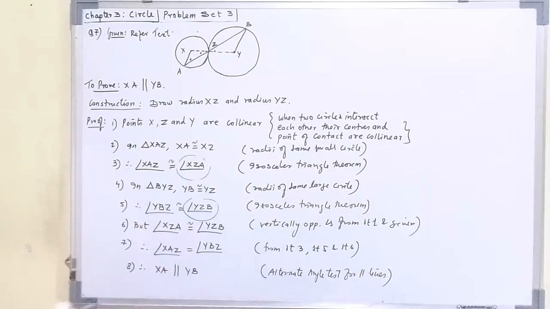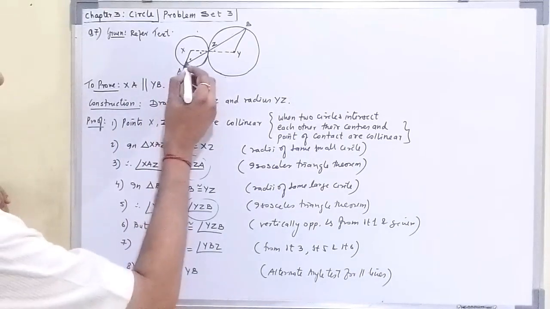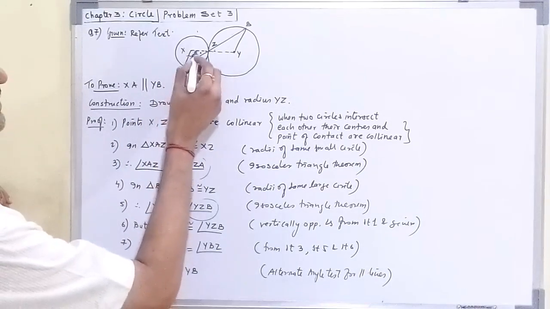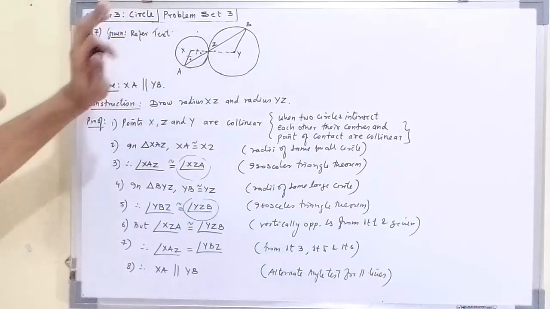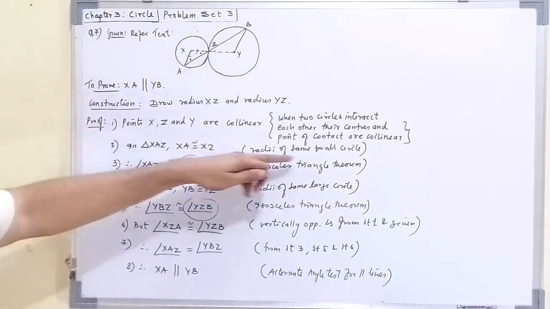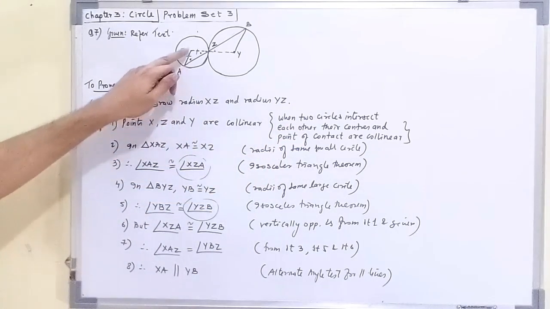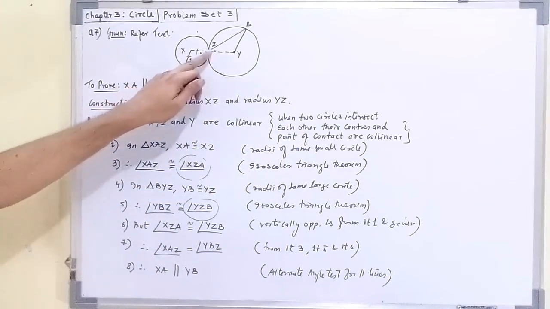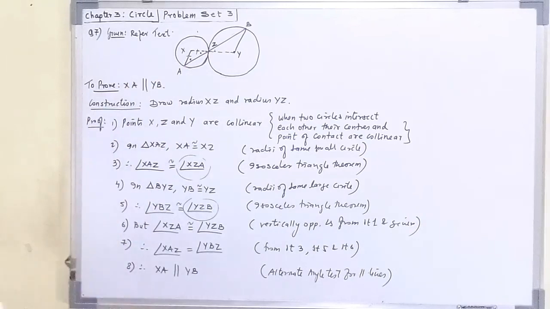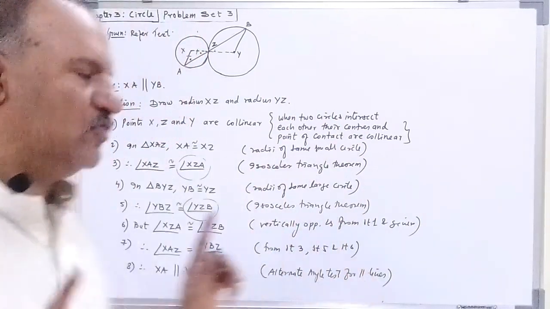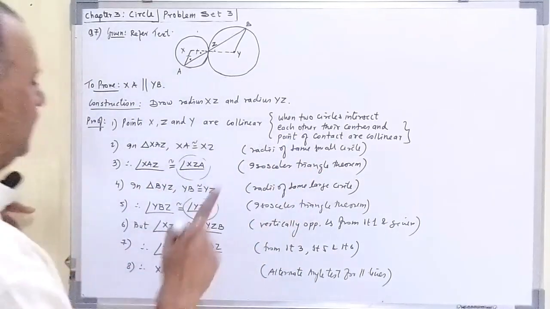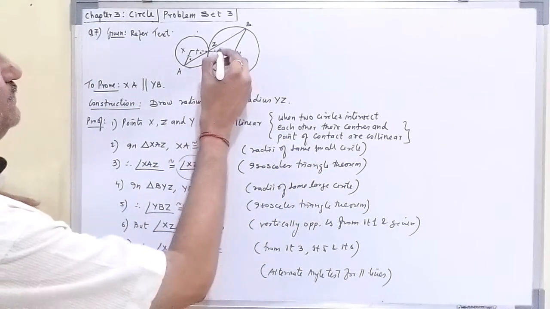Now अभी ये देते हैं यहाँ in this triangle XAZ, segment XA congruent to segment XY, radii of the same small circle. Therefore, angle XAZ congruent to angle XZY, isosceles triangle. If the sides of a triangle are congruent, angles opposite to them are also congruent.